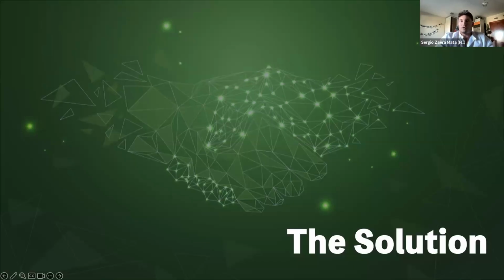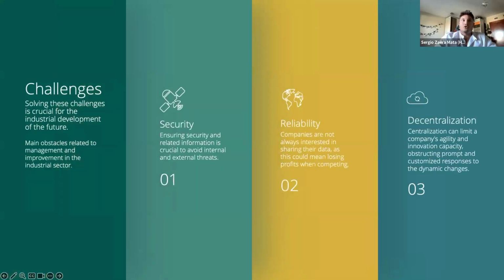So the solution. Why do we need a solution, or why did we start making one? We identified three challenges. These challenges are not only for the energy and mobility sector, but across all industries and sectors. First, security. It's important to secure the relevant and sensitive information to avoid not only internal threats but also external threats.